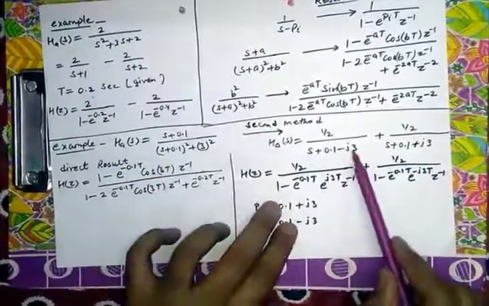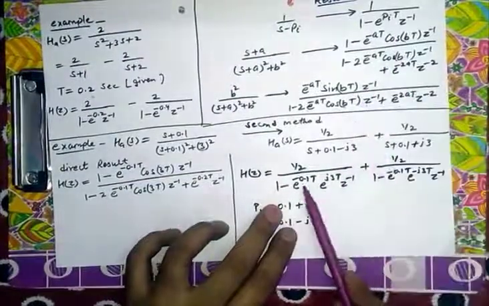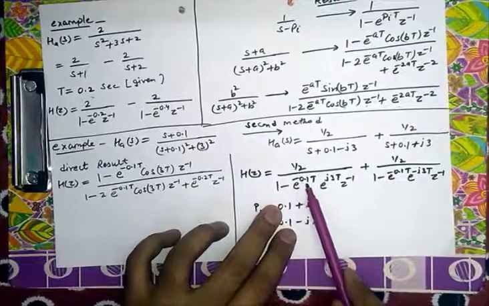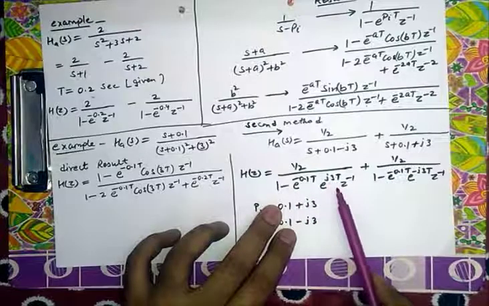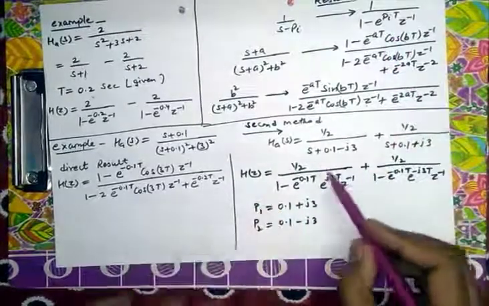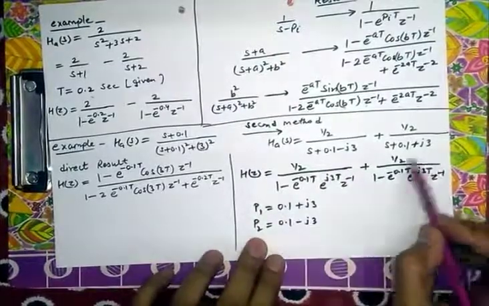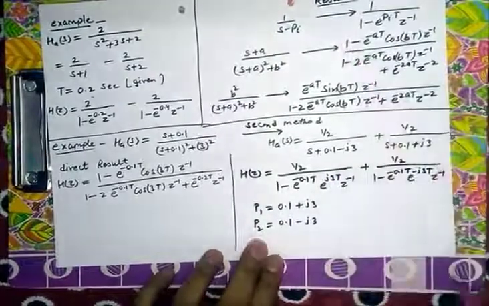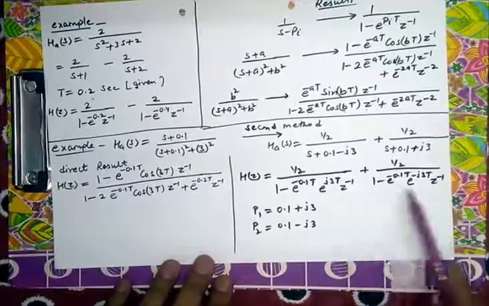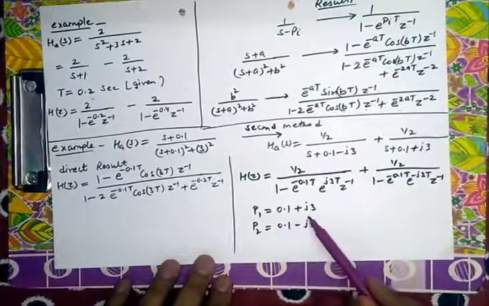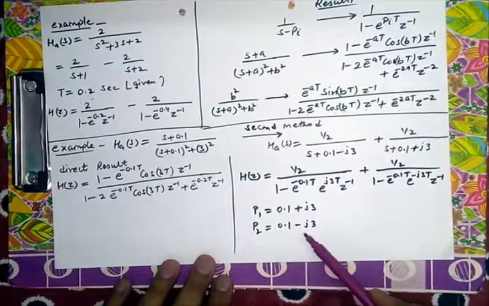Each term can be realized as 1/(1 − e^{p_i T} z^{-1}). Finding the values of p1 and p2 by comparing with the first identity, we have p1 equal to −0.1 + j3 and p2 equal to −0.1 − j3.